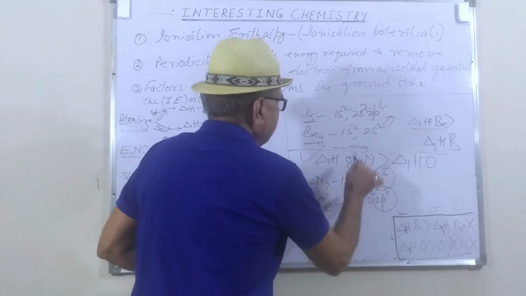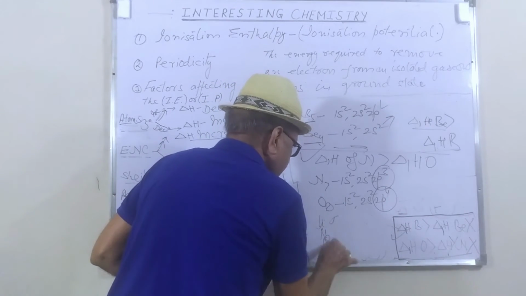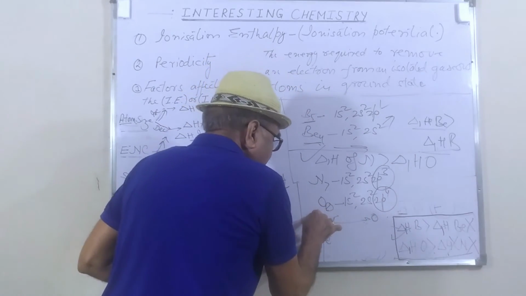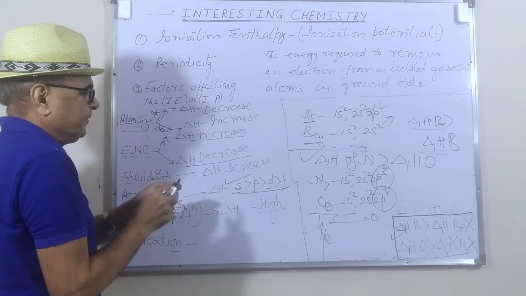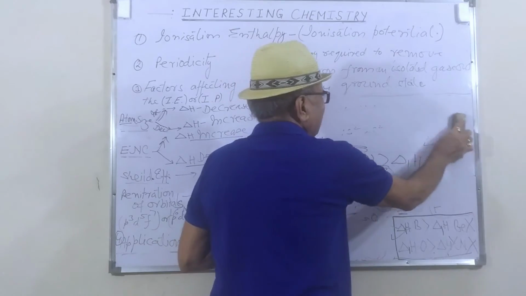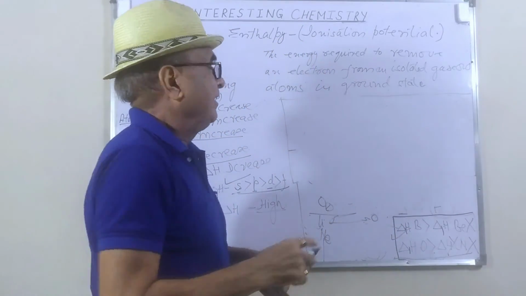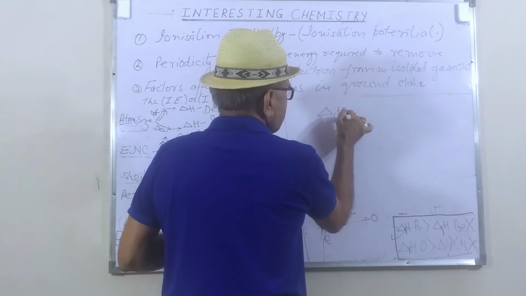In the periodic table, lithium, sodium and potassium are metallic, while oxygen and chlorine are not. So the ionization enthalpy is directly related to the metallic properties.